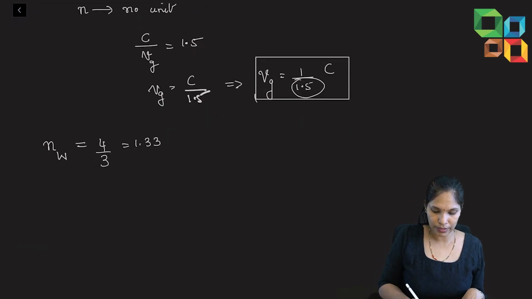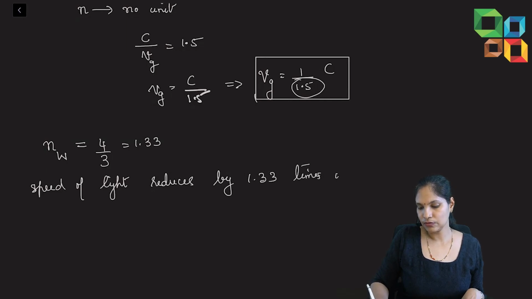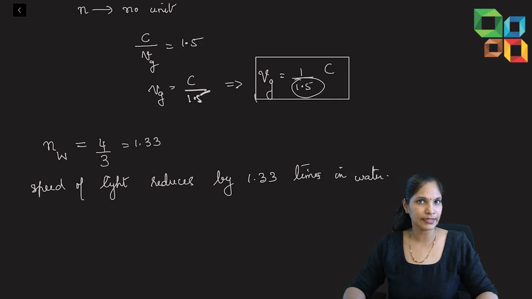So the meaning of refractive index is that the speed of light reduces by 1.33 times in water. That's the meaning of absolute refractive index. Got the idea? Yes.